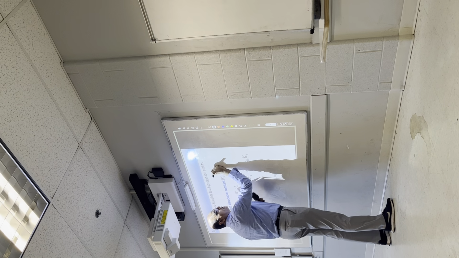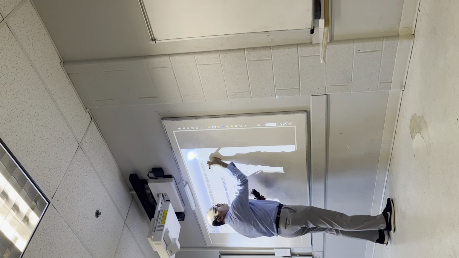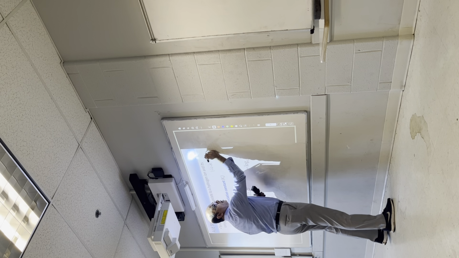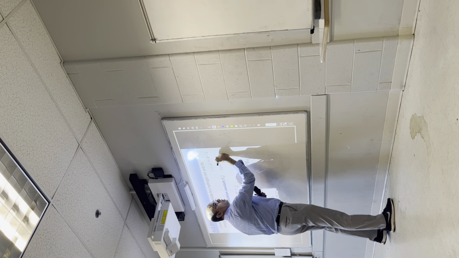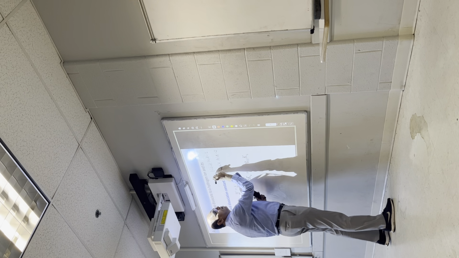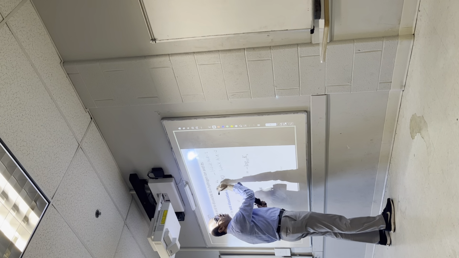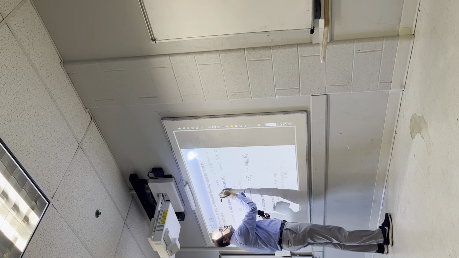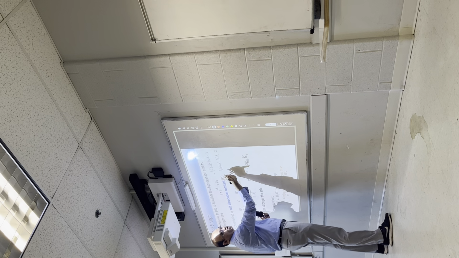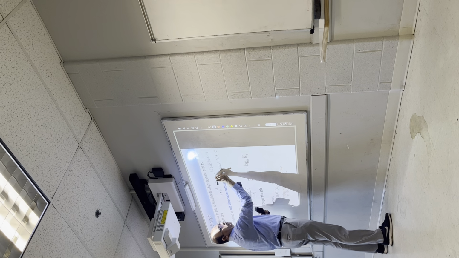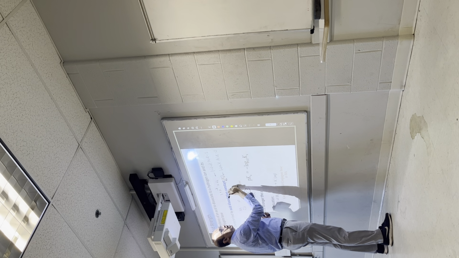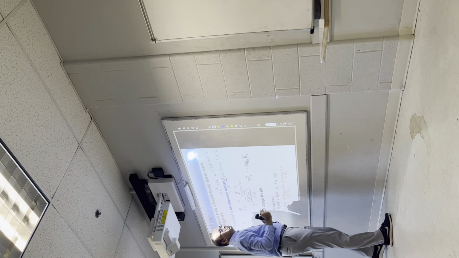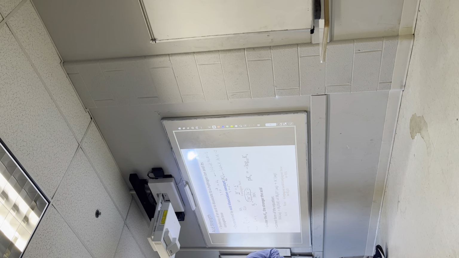Let's say this is weak acid 1, this is weak acid 2. For this one, Ka is 3 times 10 negative 7. For this one, Ka equals 3 times 10 negative 2. Which one is the stronger one between these two?